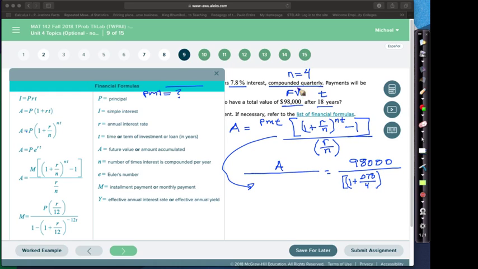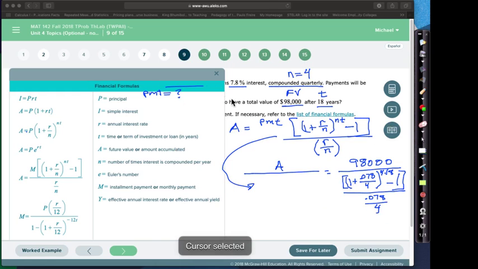N times T, that's 4 times 18. Minus 1. Big bracket. And then what do we have? That's a minus, and then we have all over 0.078 divided by 4.